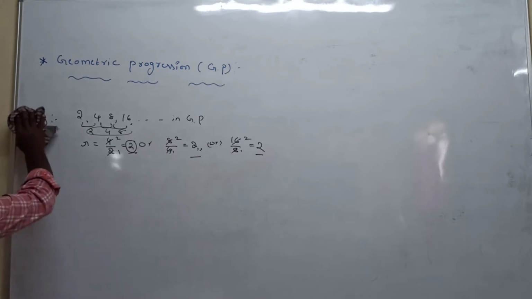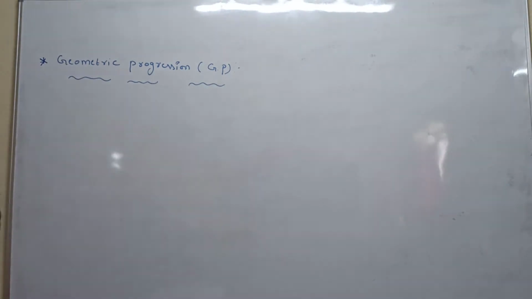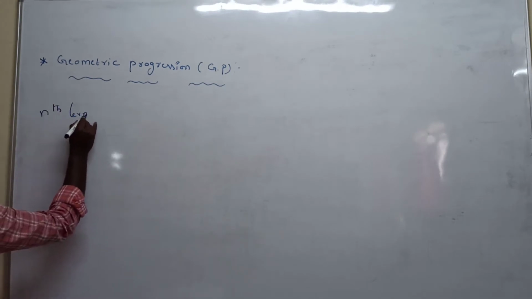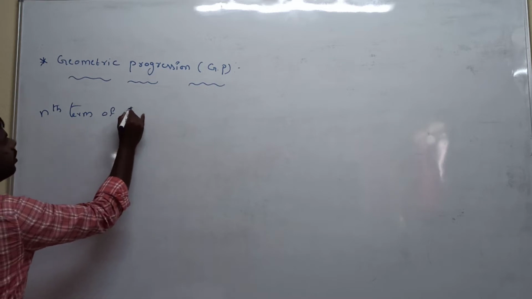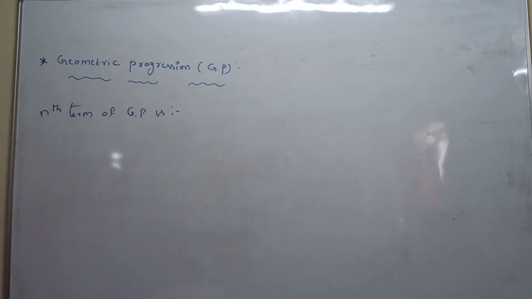Now, the next heading: nth term of the geometric progression. What is the formula for the nth term of the geometric progression?